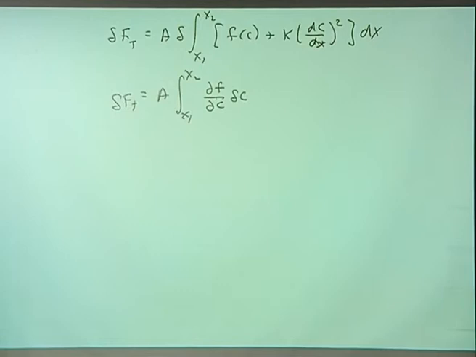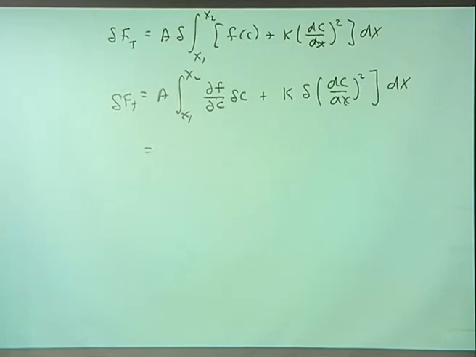But the difference between that and a derivative is this: we're going to say that the gradient energy coefficient, this k, which measures the effects of the gradients on the system, is a constant. And so you have delta operating on dc/dx.